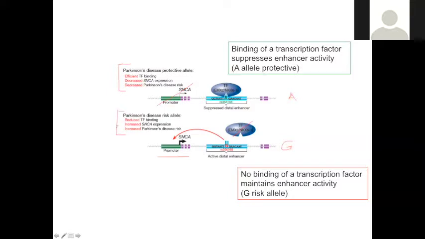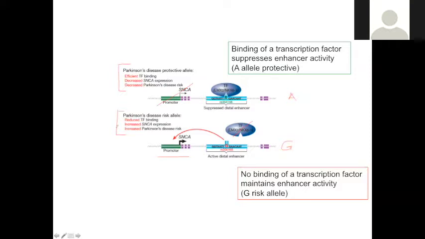So what we've seen is that there is alternate binding of a transcription factor. If it's an A allele, the transcription factor will bind and it will suppress the activity of alpha-synuclein. If it's a G allele, the transcription factor will not bind and we will see an active distal enhancer. The alpha-synuclein will be expressed at a relatively high level.